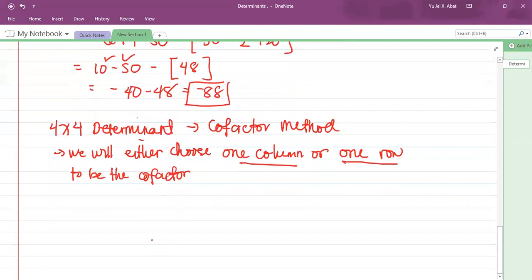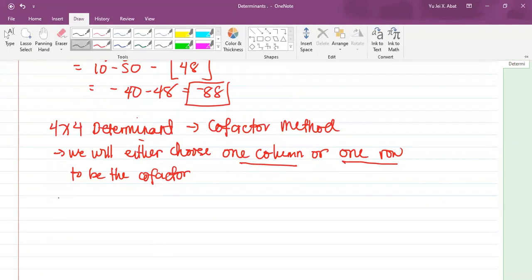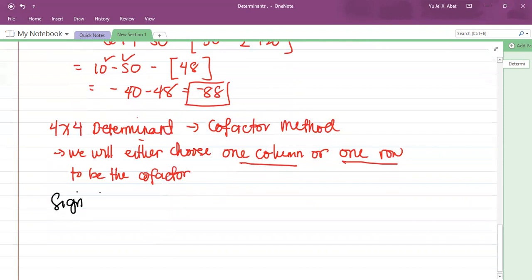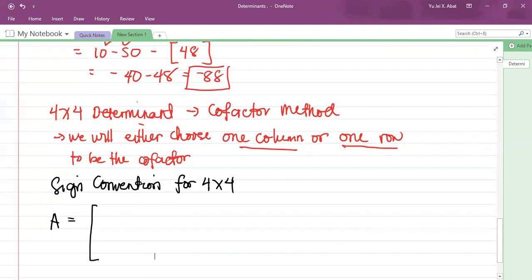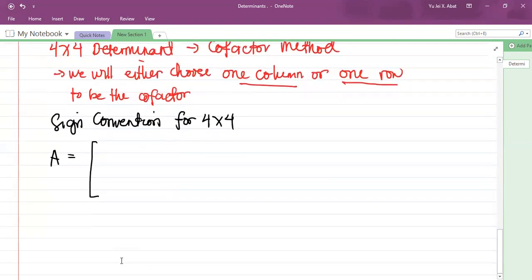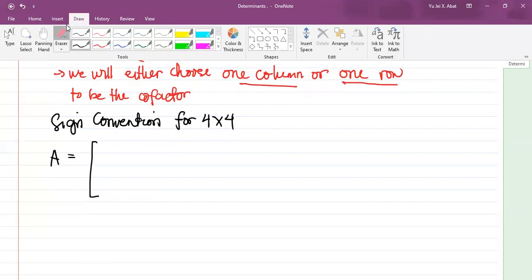Now, meron din tayong sinusunod na sign convention. Sabihin ko na lang kulay. For 4x4. Suppose meron tayong 4x4 na matrix, no? Purahin ko lang, medyo maliit to kasi.